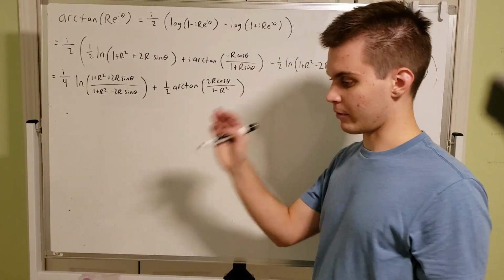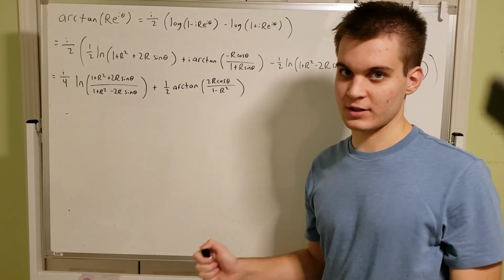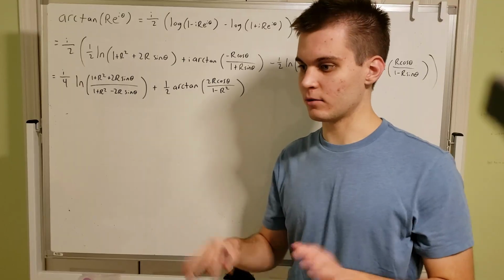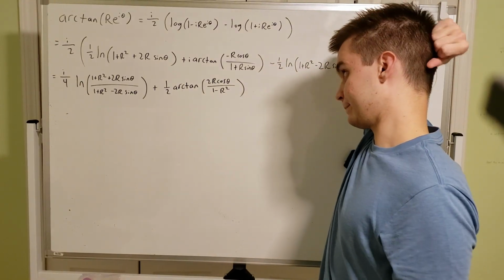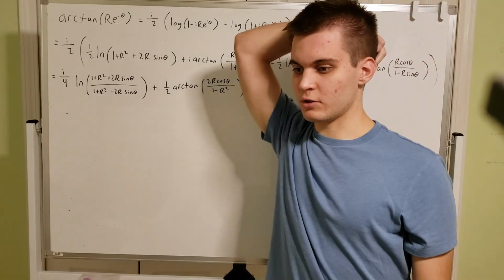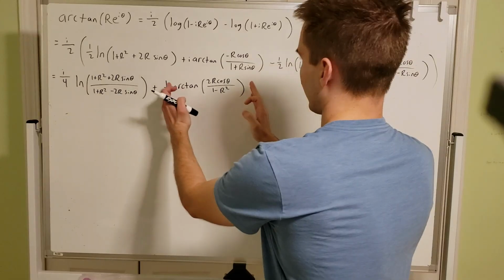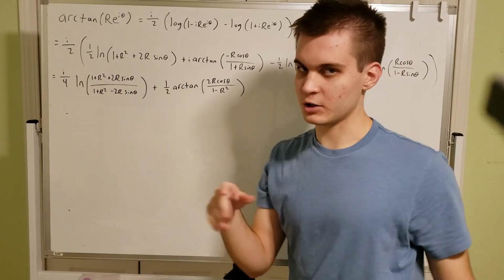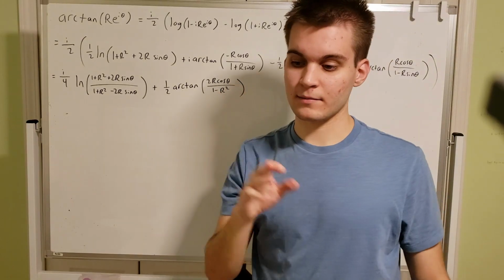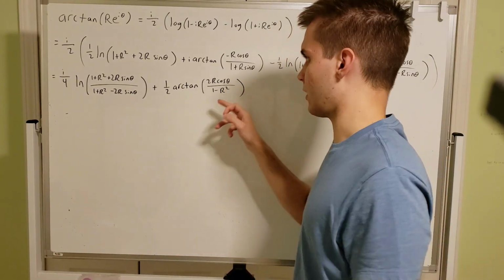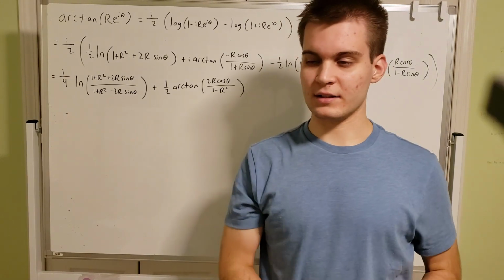Whereas if you're approaching from the right, that means you're approaching negative pi over 4. So that's just a straight up discontinuity, no issue about it. So technically what you have to do is define the function piecewise, and to this term, if you ignore the 1/2, you have to add a multiple of pi depending on whether cosine theta is positive or negative, and depending on if r is greater than 1 or less than 1. That's how you would make it continuous.